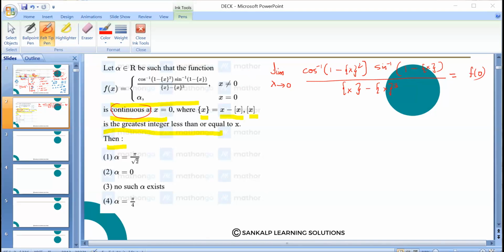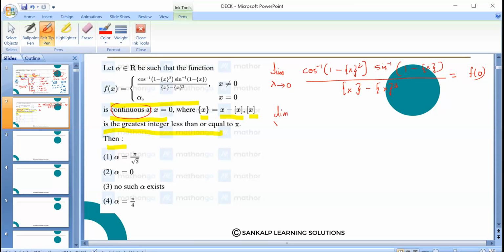Directly, if you substitute 0 for x, in some cases we can substitute directly, not all.